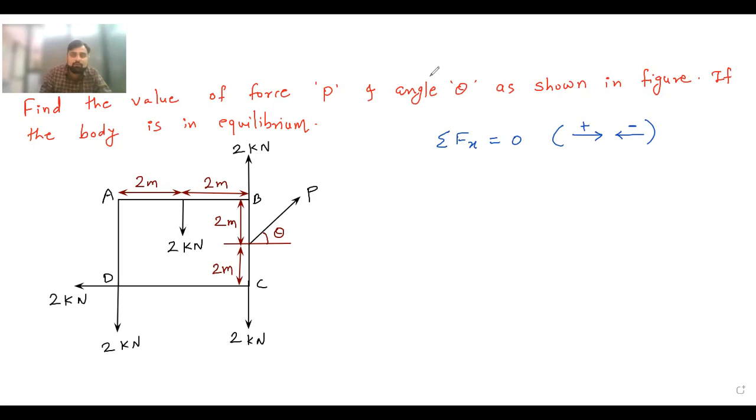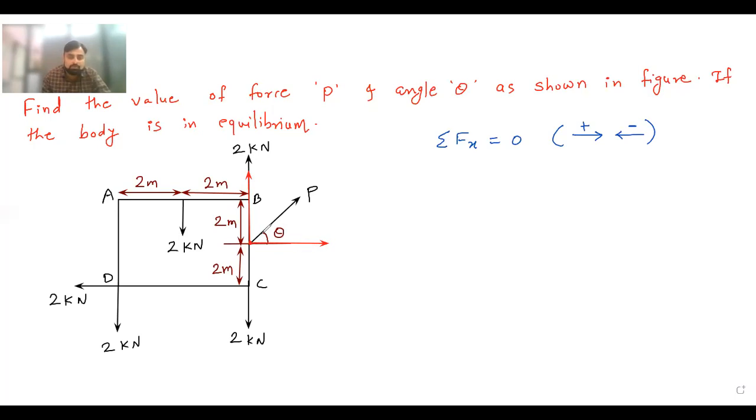If I resolve the force P, then this is my point of contact. From here, I will draw one line parallel to the y-axis and one line parallel to x. Now you tell me, is this horizontal component cos or sine?